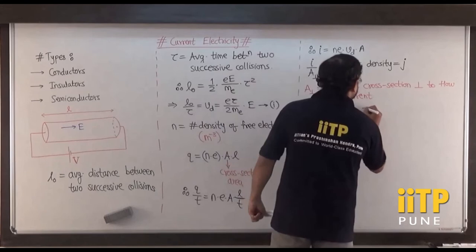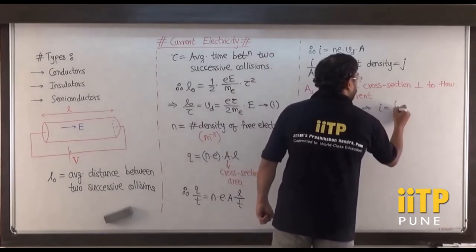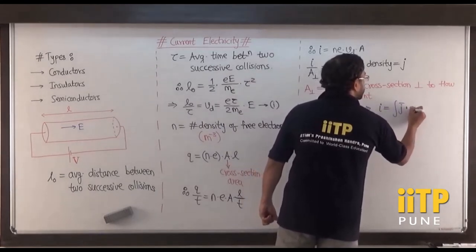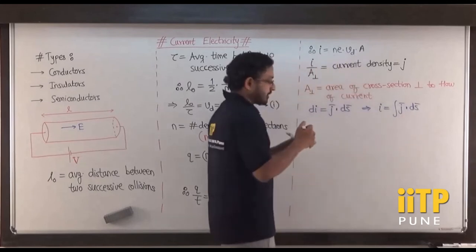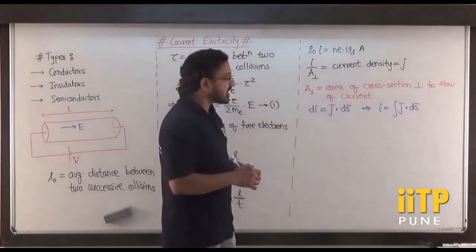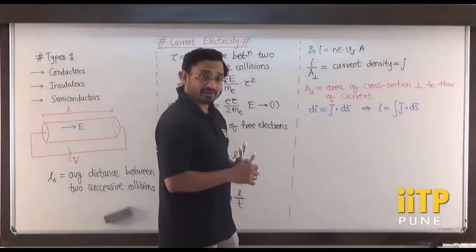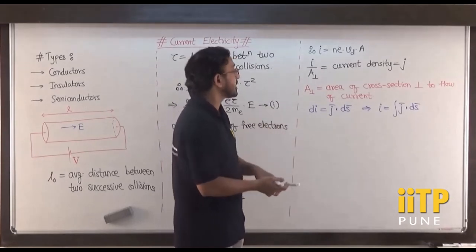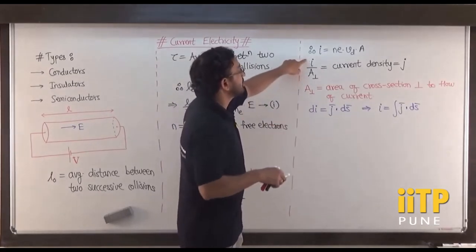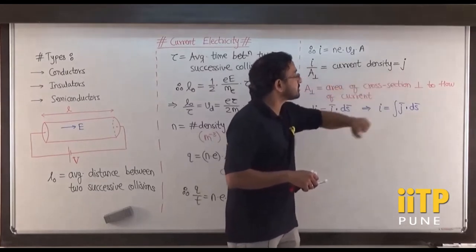In other words, if I want to figure out the total current I, it can always be written as the integral of J dot dS. But the point to be noted is that J, the current density, is a vector quantity, which is very interesting, because current itself is a scalar, but current density is a vector quantity.